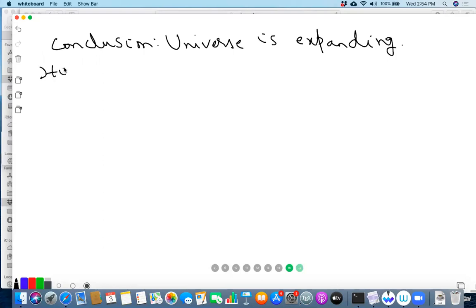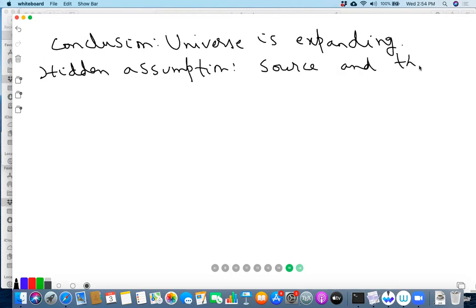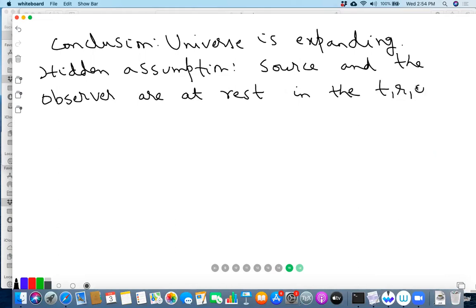So the hidden assumption is that the source and the observer are at rest in the t, r, theta, phi coordinate system.